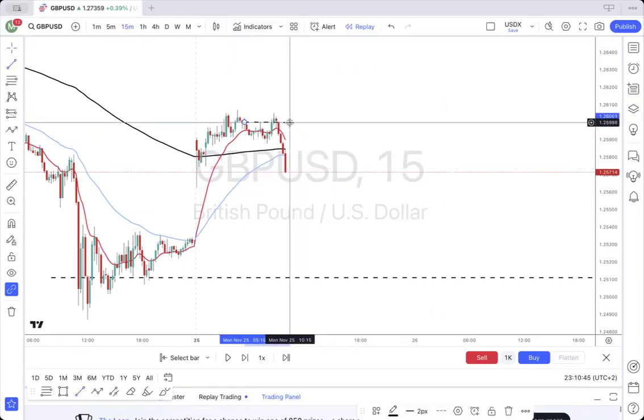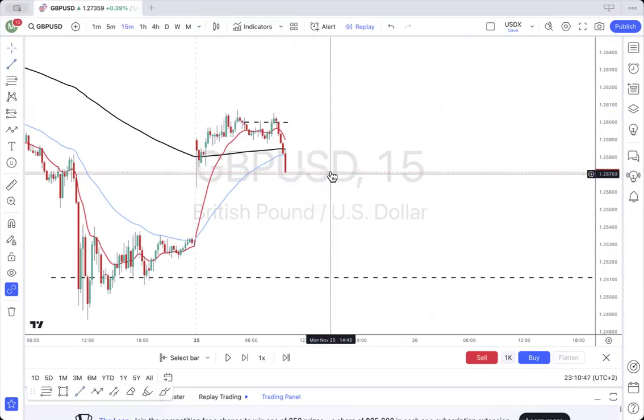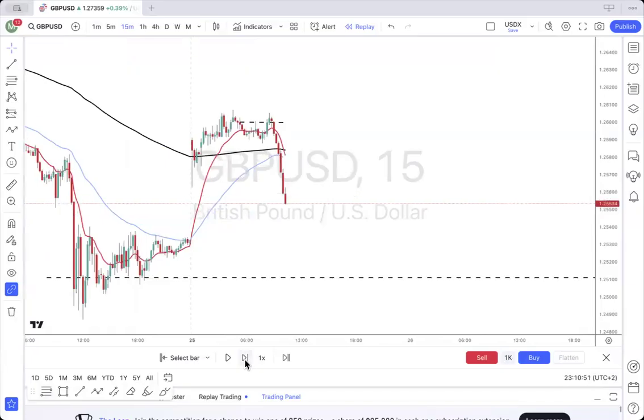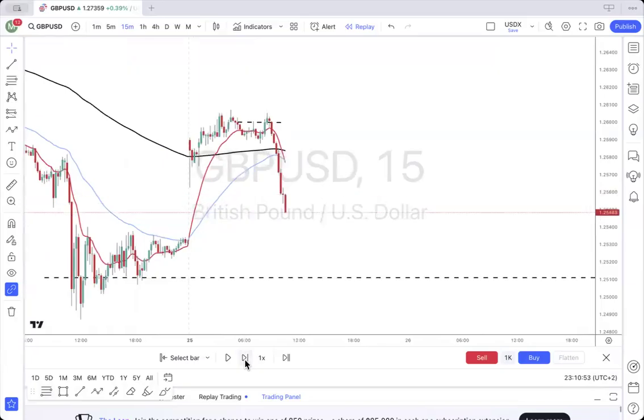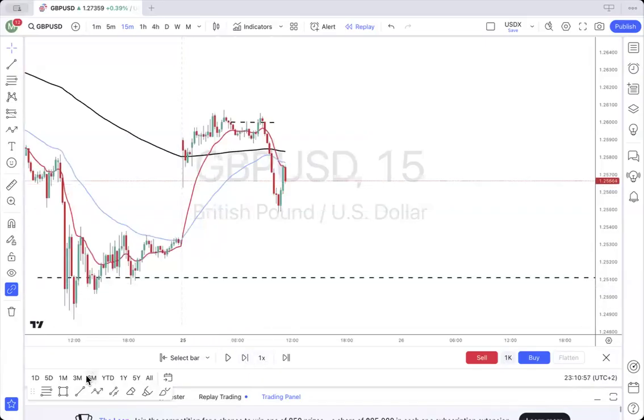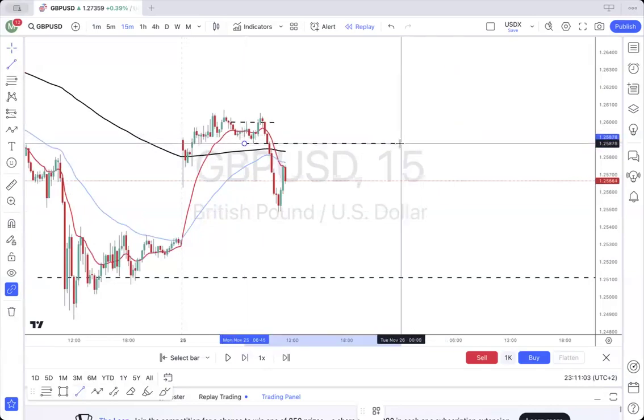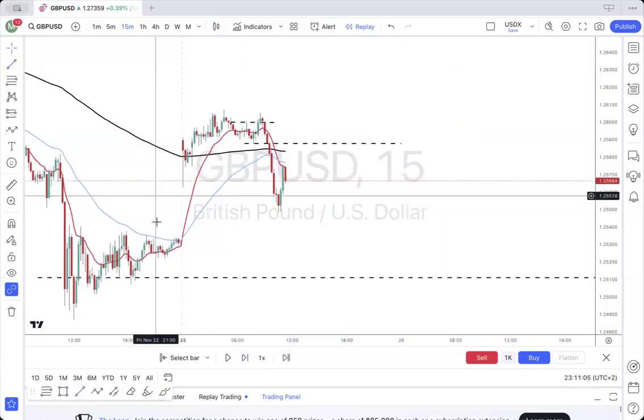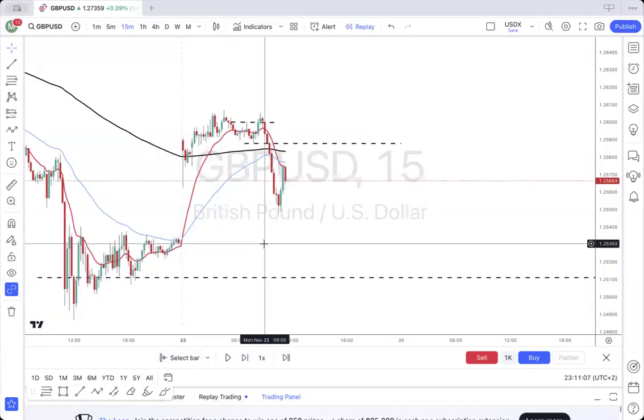I remember telling you guys that GU was going to sell because it started reversing, and I said take your entries around here. That's where I said your entries were going to be.